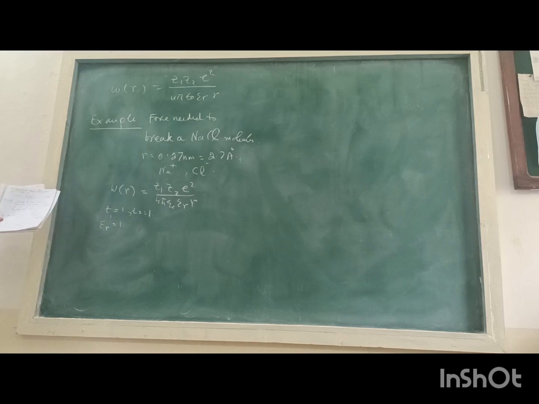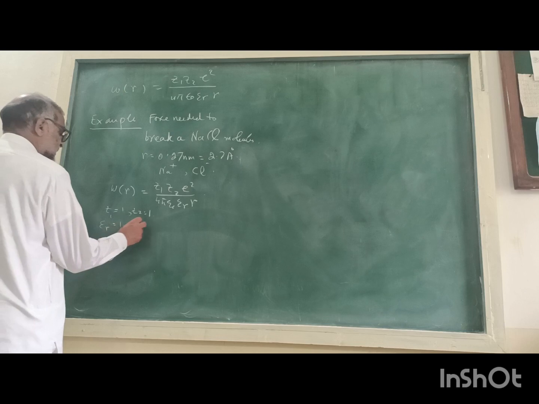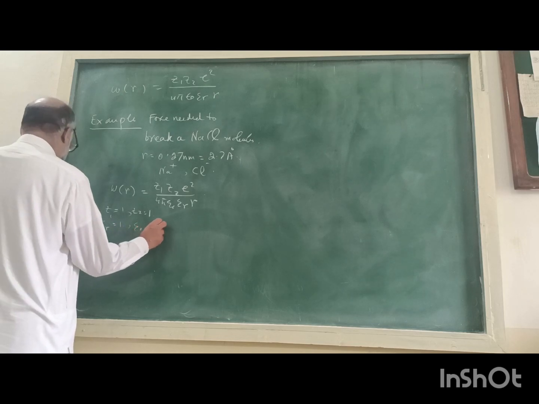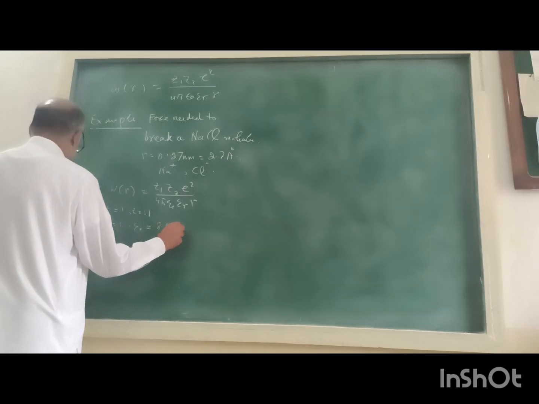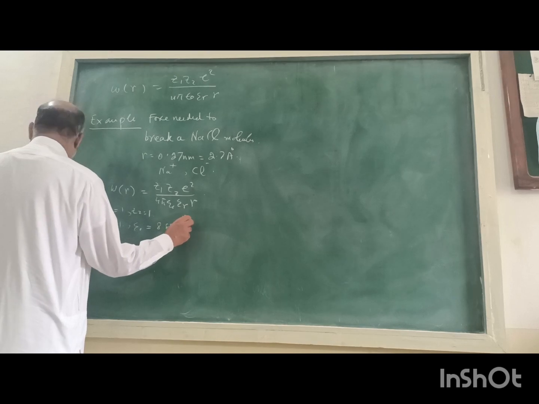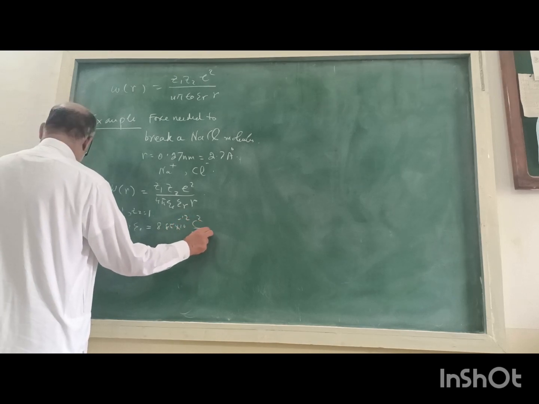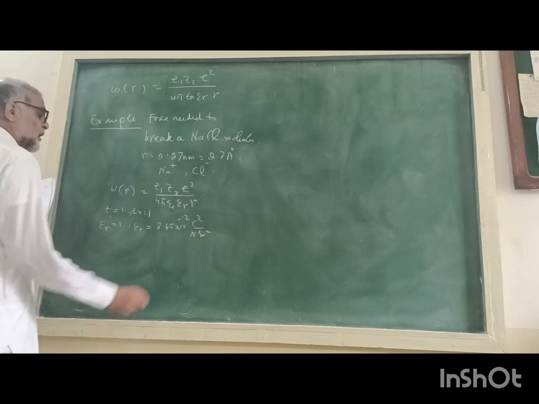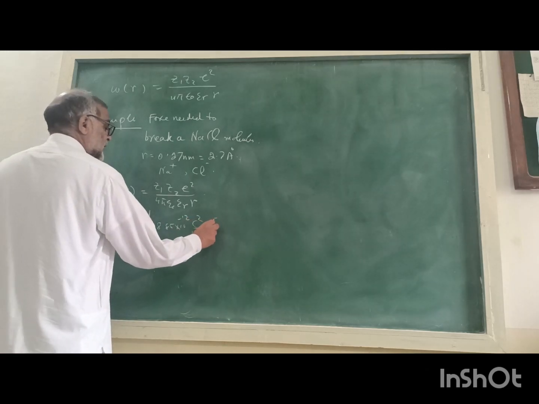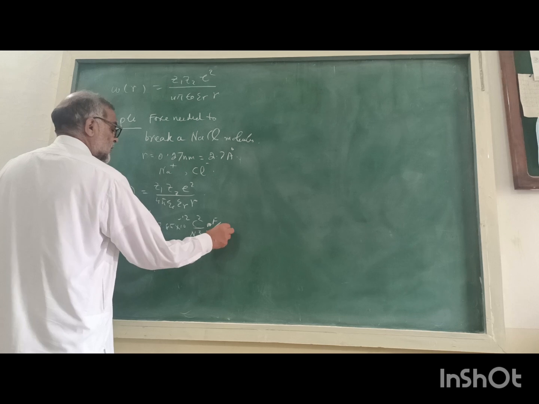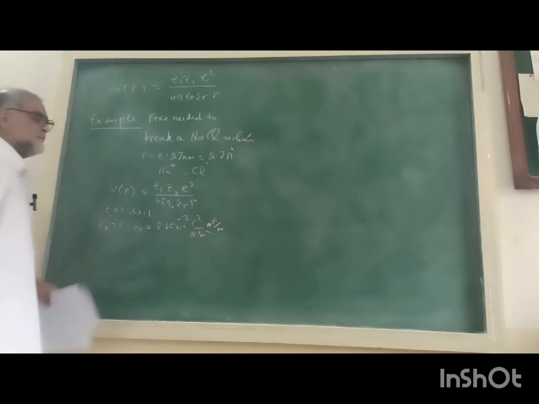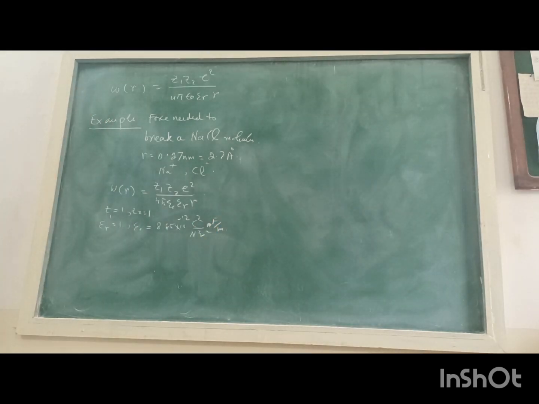And the permittivity of free space is equal to 8.85 times 10 to the power minus 12 coulomb squared per meter squared, or farad per meter.